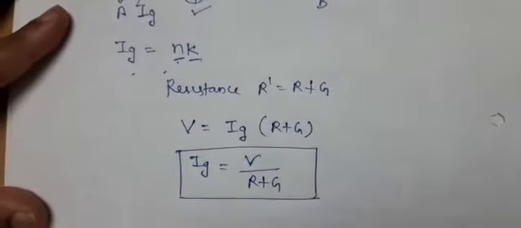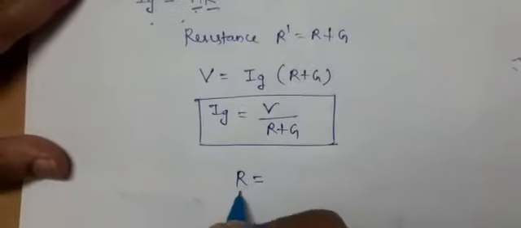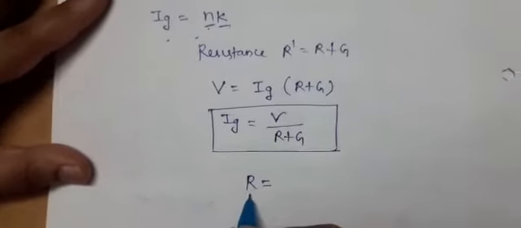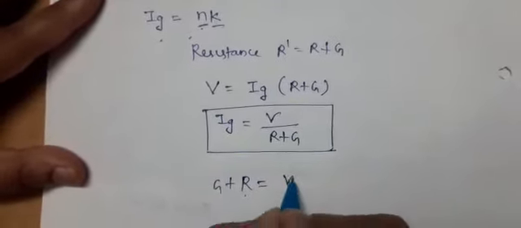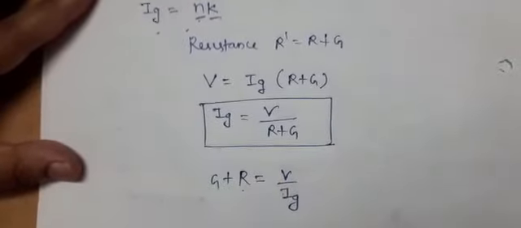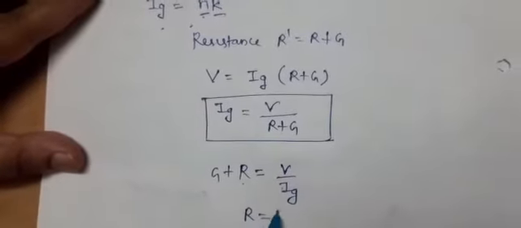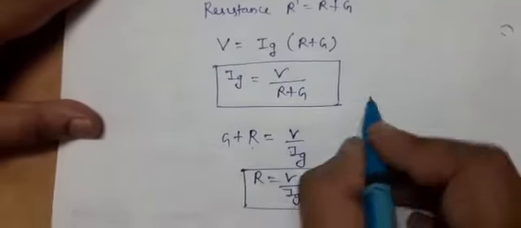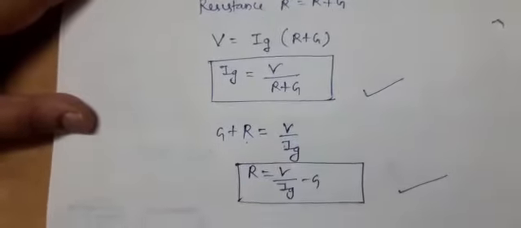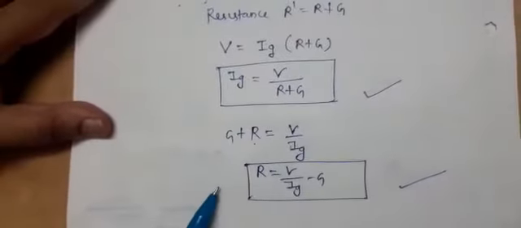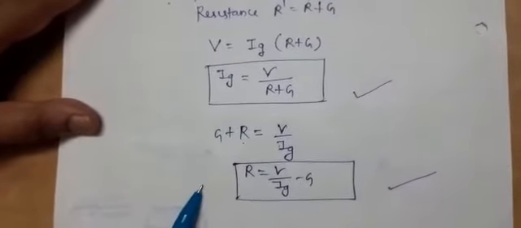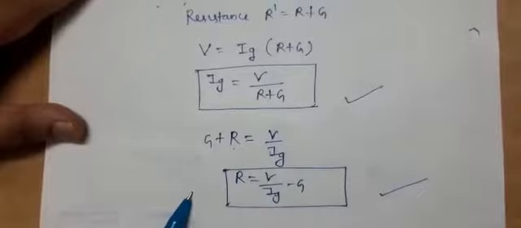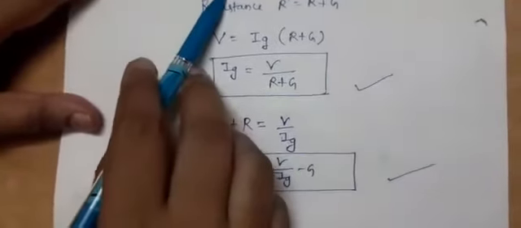And what will be the resistance that has to be connected in series with the galvanometer resistance? This can be obtained by just rearranging the terms. So R will be V by Ig minus G. These two results you have to learn, because when you solve numericals you have to apply these formulas directly. Now you can also define the figure of merit.